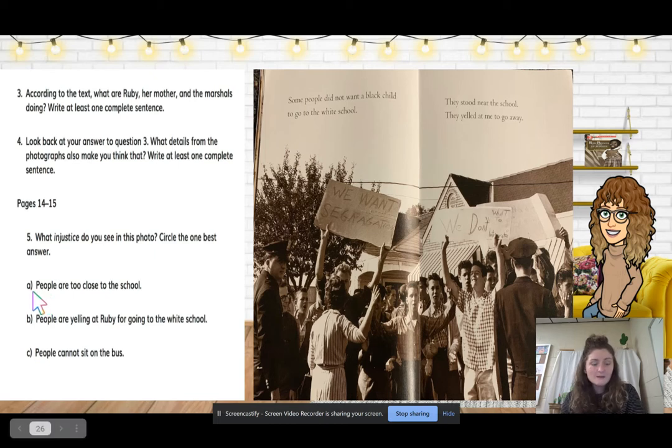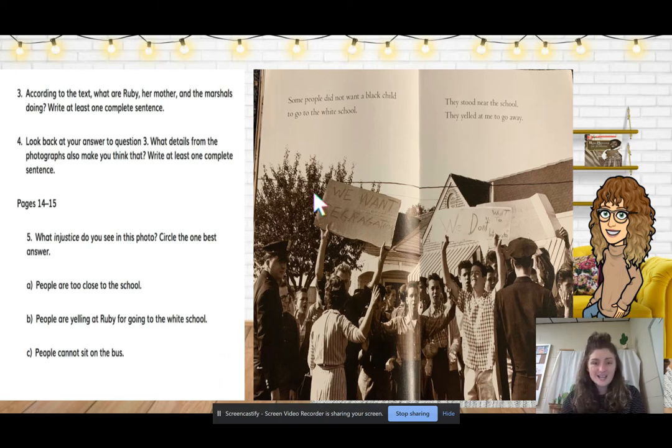Is it A, people are too close to the school? B, people are yelling at Ruby for going to the white school? Or C, people cannot sit on the bus? Which of these sentences match what is happening in this photograph? Tell me in the puzzle.